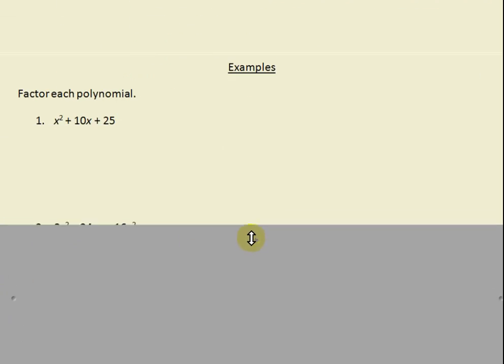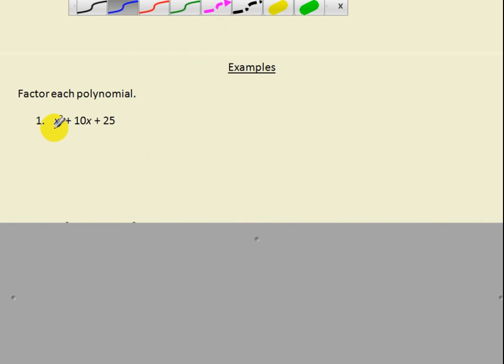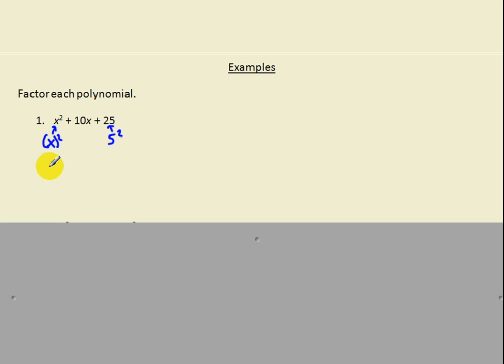So first of all, we want to start out by factoring each polynomial. So we look and we see x squared plus 10x plus 25, we have a trinomial, and we notice that this is a perfect square, so this is equal to x squared, and 25 is a perfect square, that's equal to 5 squared. And then we check and we see that 2 times x times 5 is equal to 10x.